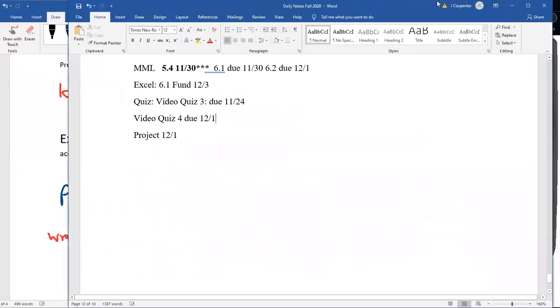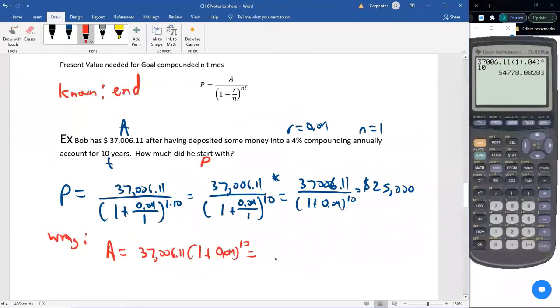I got $54,778.08. Does that make sense? Bob ends with 37,000 and he had started with 54,000?